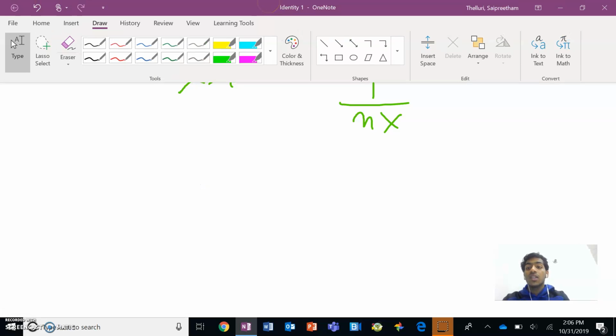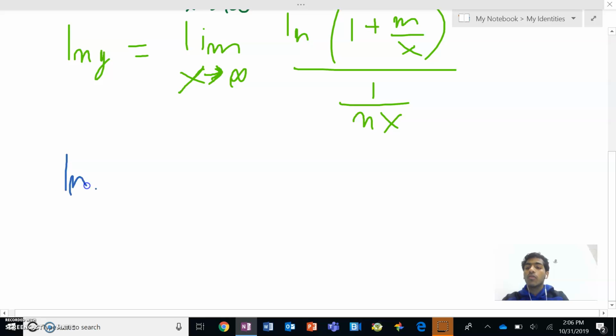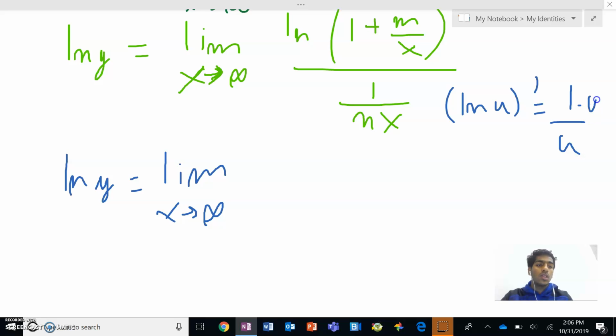Anyways, now starting off, I'll need to take the derivative. Now differentiating the numerator and the denominator one after the other. So the natural log of y would be equal to the limit as x approaches infinity of, now the derivative of ln u is 1 over u times u prime, where u prime is the derivative of u. In this case, our u is 1 plus m over x.